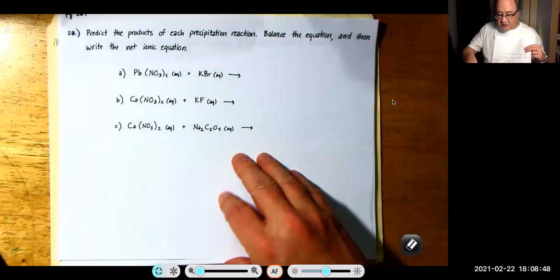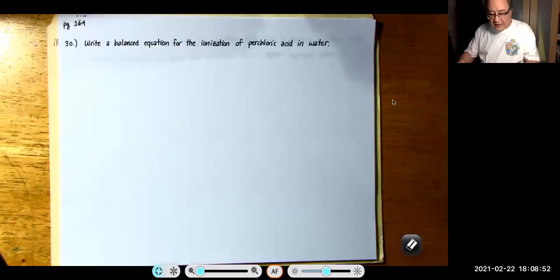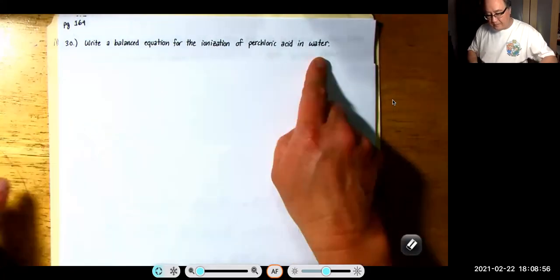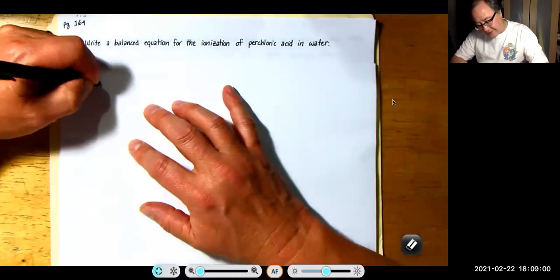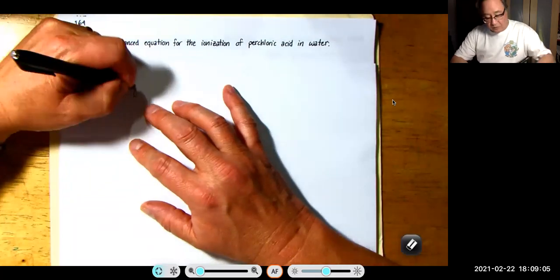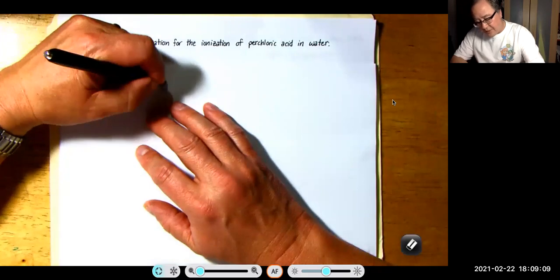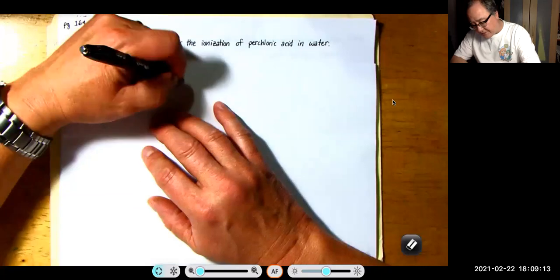Okay, so this next one: write a balanced equation for the ionization of perchloric acid in water. So this is the formula for perchloric acid, and we want to show how it ionizes in water. We could actually answer this two ways, and I believe this is the way they want us to do it.